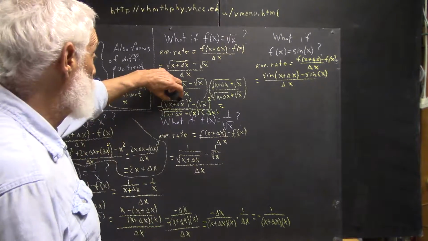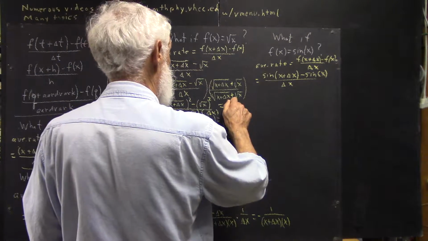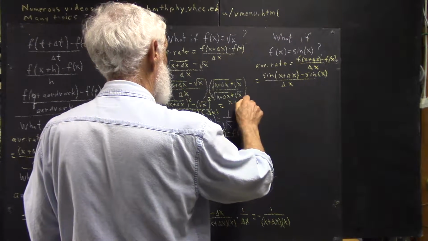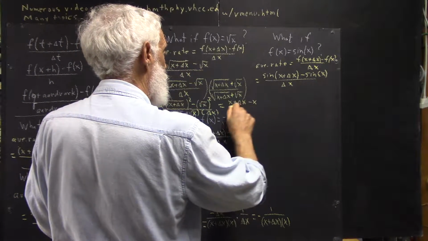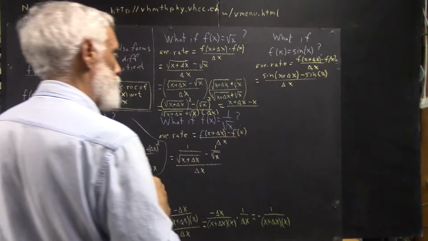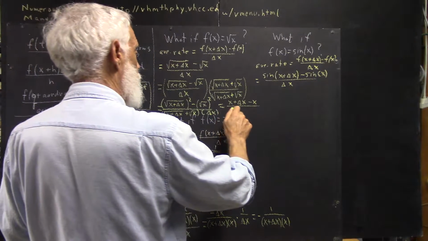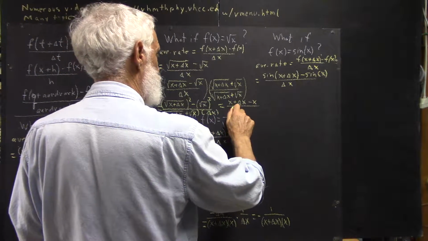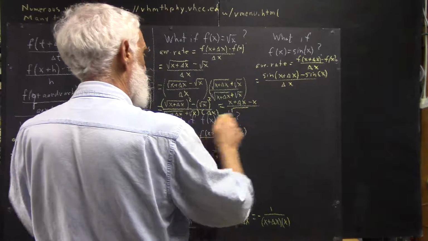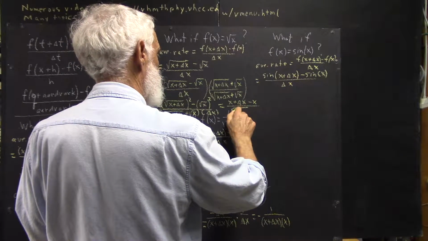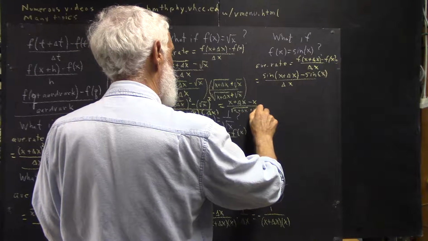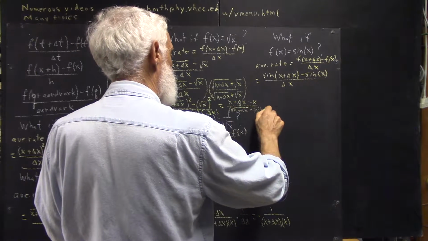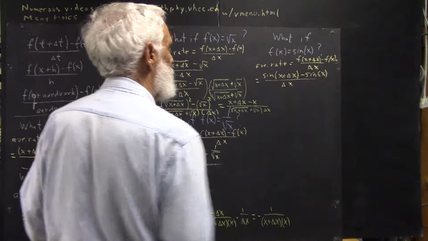Well, if you square this, you get x plus delta x. Square this, you get x, and you have a minus. And then it's over your denominator: square root of x plus delta x plus the square root of x, multiplied by delta x.